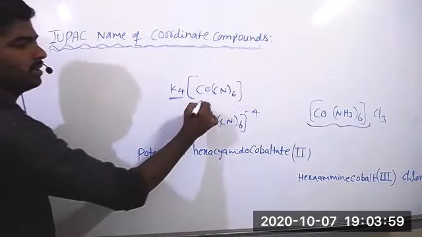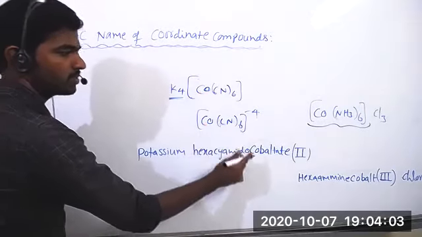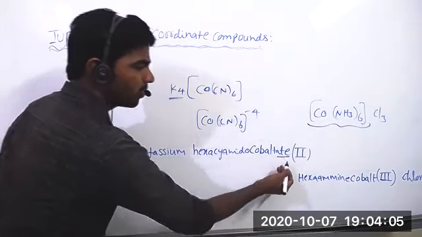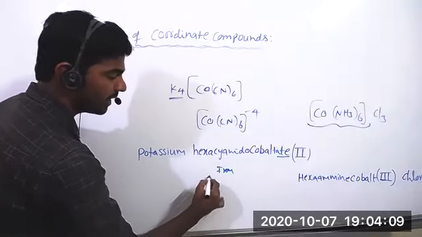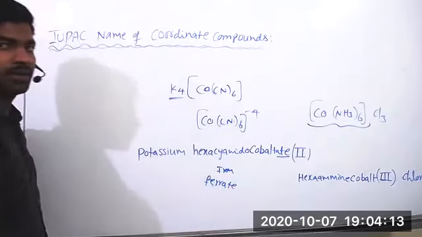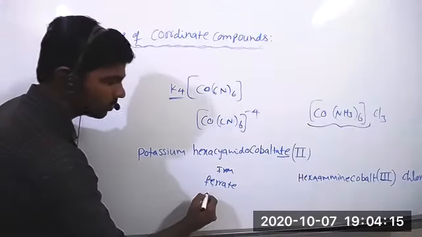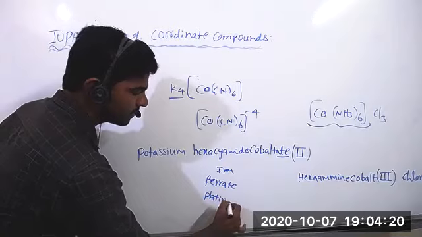So the difference is, suppose a metal atom is involved in an anionic complex, we end with -ate, cobaltate. Suppose iron is there, don't write ironate, we write ferrate. Platinum, how to call? Platinate.